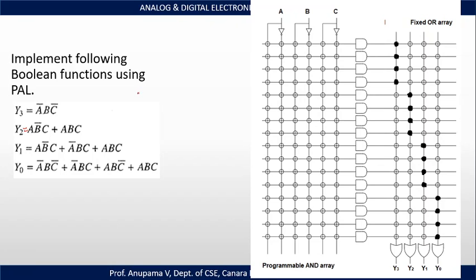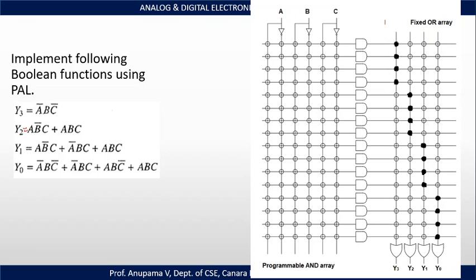Now if I look into the expressions, I can see that all expressions are composed of 3 variables and I have to implement 4 expressions. Hence I have to draw a 3 input and 4 output PAL, and the number of inputs to the OR gate is 4, because the expression Y0 contains 4 terms.